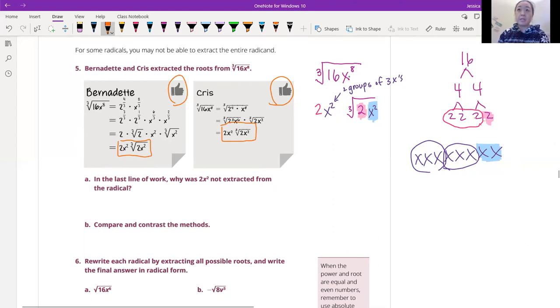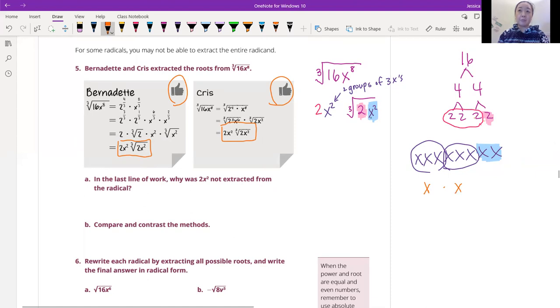All right. And then we're looking at the x's. I have 8 of them, right? Here's my 8. And I notice that there are 2 groups of 3s here. So this is going to be 2 groups. So remember, this is like x times x, because if we cube root the cube, it's just going to be x, right? So it's x times x, which is x squared, right? And then what I have left over is 2 x's, which would be x squared.